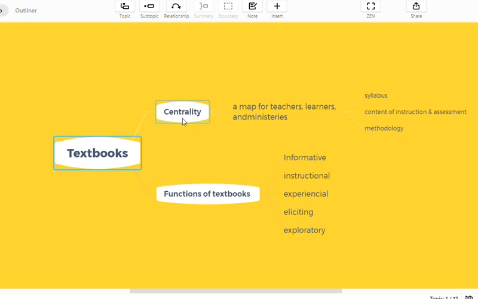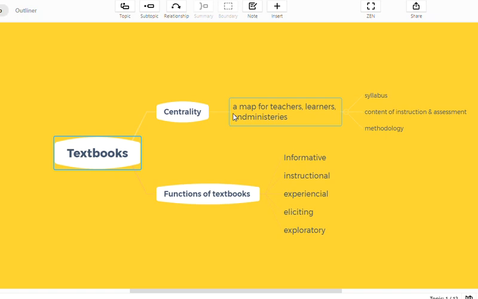Okay, let me remind you that by centrality and significance of textbooks, in no way do I mean that they are important or they should be important. They are important because the stakeholders, the practitioners, rely on them, are dependent on these textbooks.